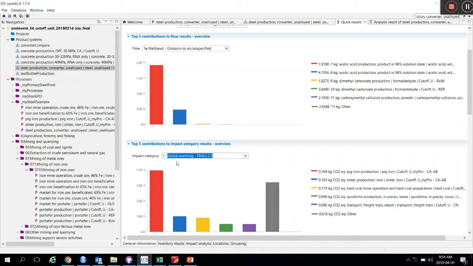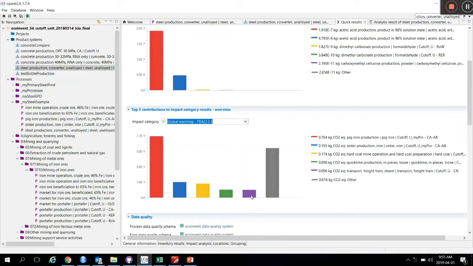So for example, with global warming, CO2 equivalents, we see that the most important direct contributor is the pig iron production process. So that's definitely useful information, and it doesn't hurt to present some results that show, say, the top 5 contributors or top 10 contributors. That could be a good thing to show.